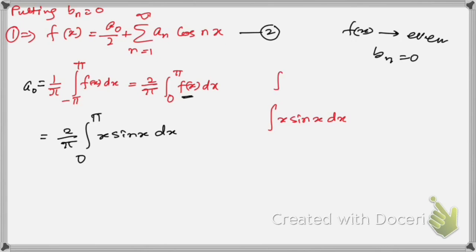Just apply this rule, integration of uv: u times integration of v, that is v1, right? Then minus u dash, means first order derivative of u. So hope you know these things, that is u dash.